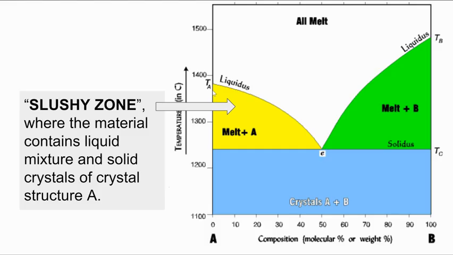Hopefully you told me that was the yellow section. Again, this yellow section would be where you have solid crystals of metal A and some liquid mixture still, because again, alloys melt over a range of temperatures, and so they're going to have a slushy zone.